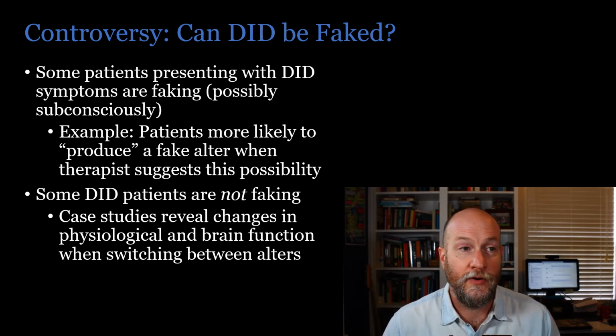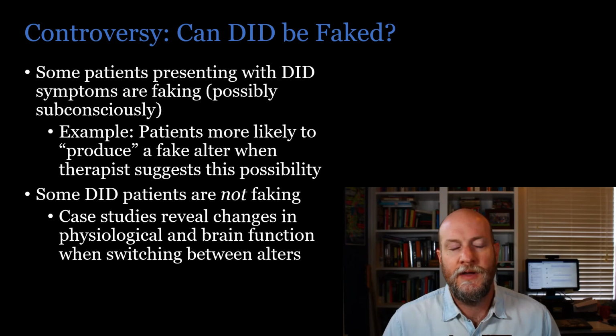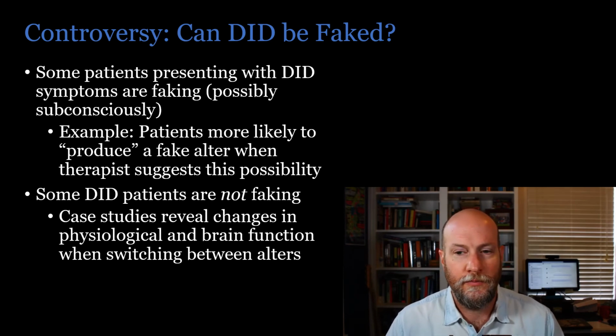These are people that are very good actors, people that are very good at taking on different accents, different mannerisms, that are consciously doing this. But we do know there are some people who claim to have DID, and you can examine their EEG during a switch and you see different types of brain waves, which one would imagine will be pretty hard to fake.